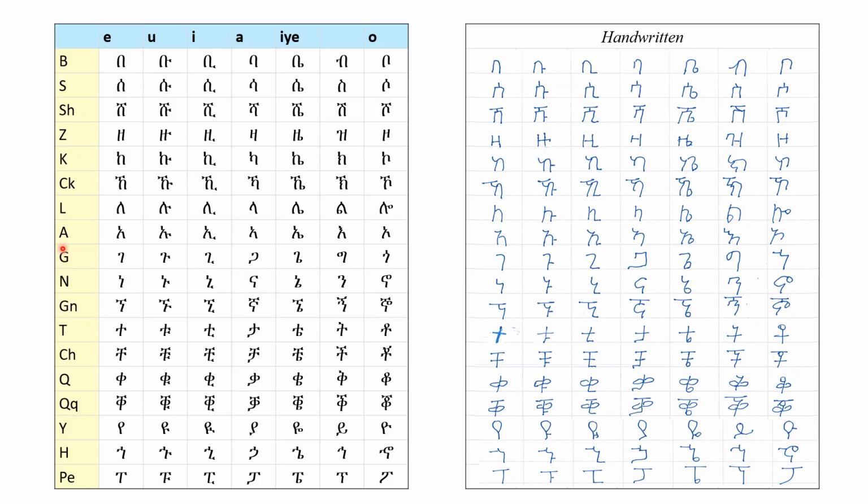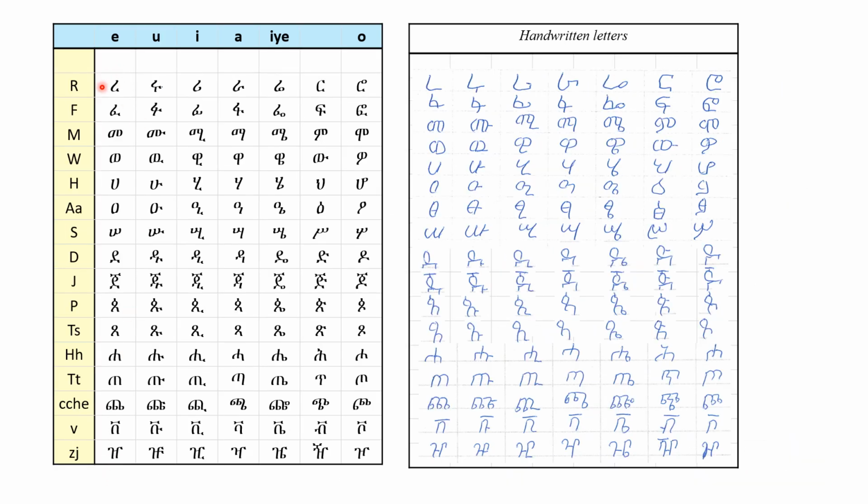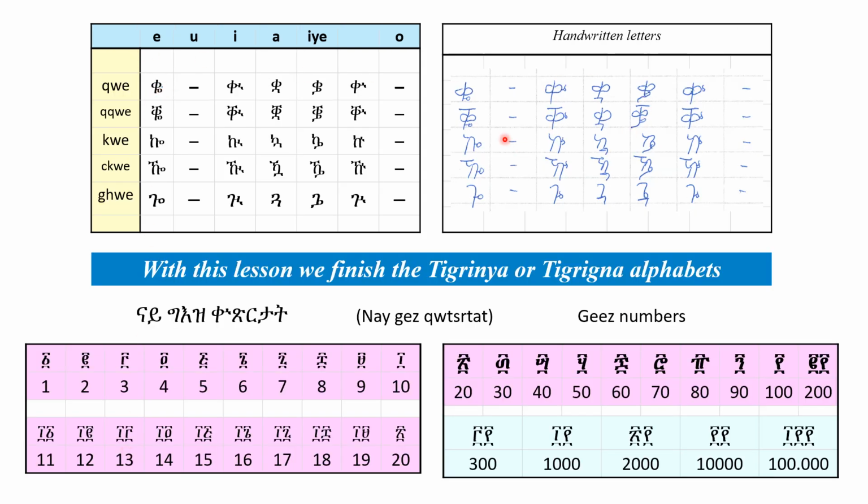Until this point, we have learned the letters B, C, Sh, Z, K, H, L, A, G, N, N, T, Ch, K, H, Y, H, P, R, F, M, W, H, A, C, D, J, P, C, H, T, Ch, V, J. The labiovelars que, hue, gue.